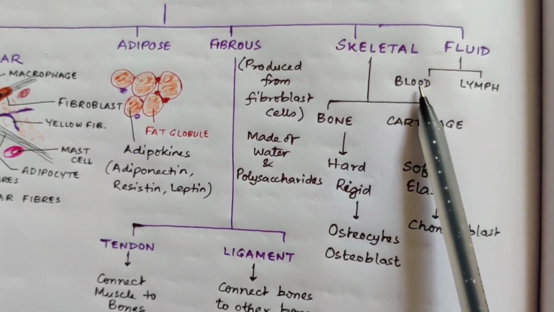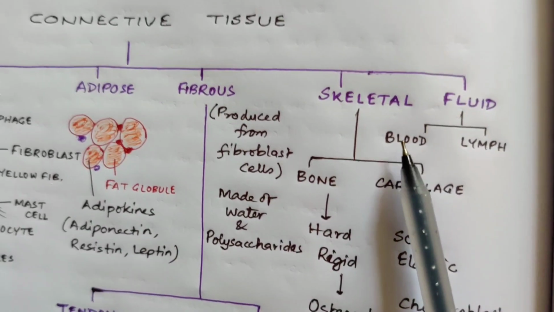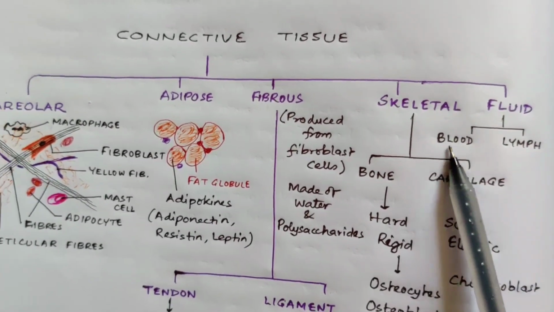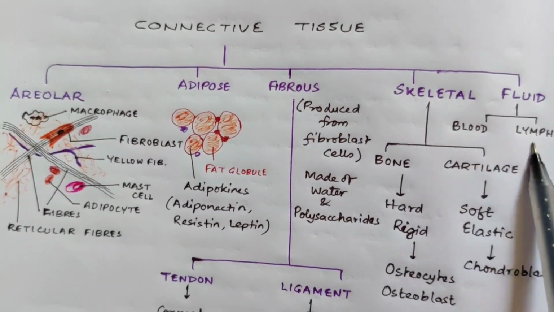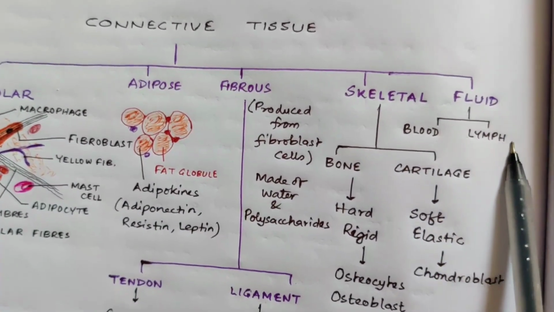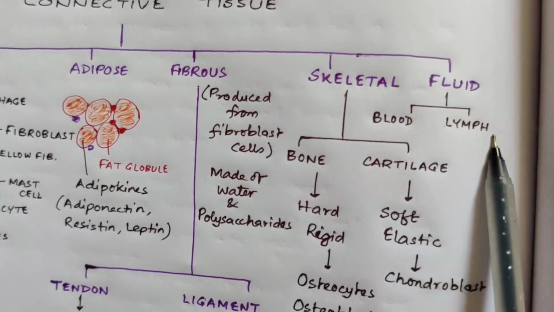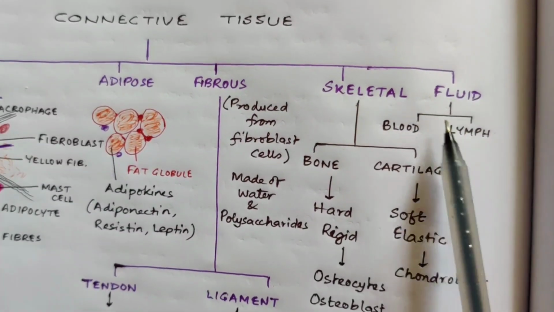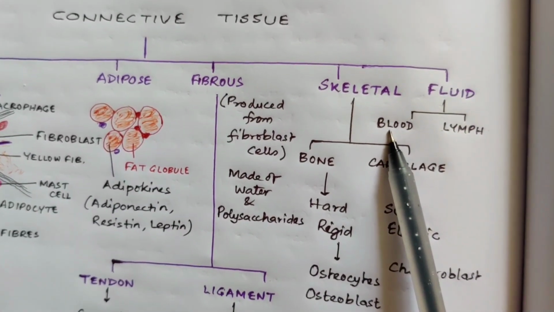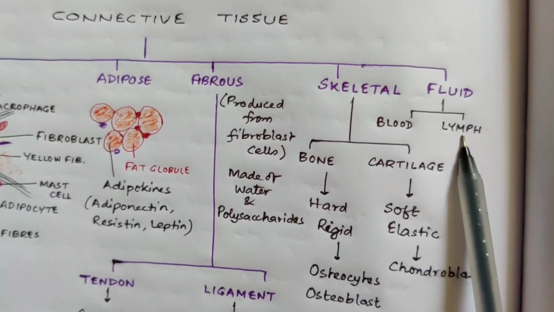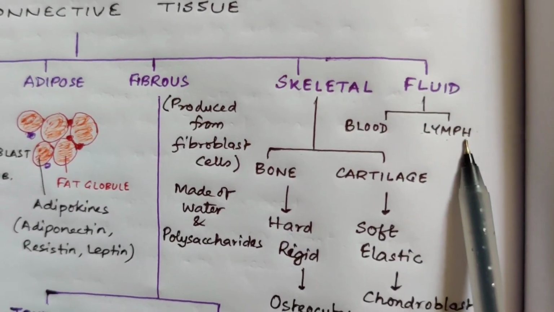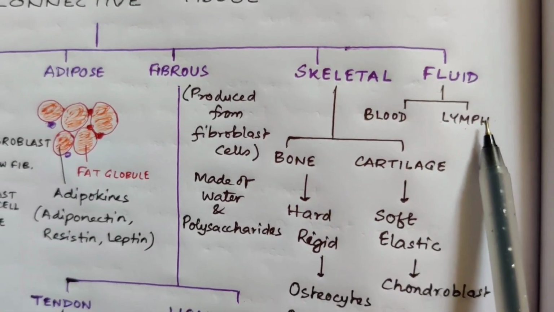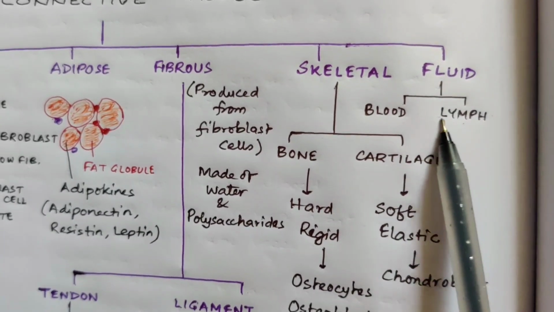The blood is mainly made up of red blood corpuscles, white blood corpuscles and platelets, whereas lymph is made up only of some of the white blood corpuscles of our body. The lymph vessels are much smaller than the blood vessels, and the lymph reaches those parts of the body to provide oxygen where even blood cannot reach.